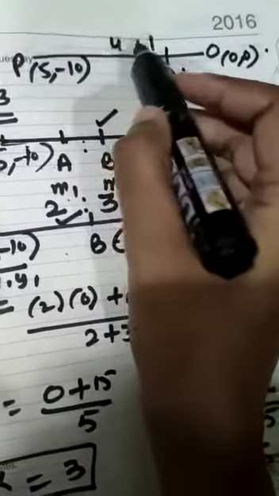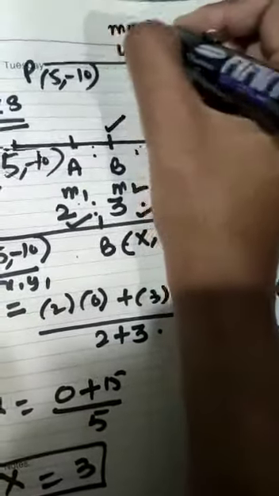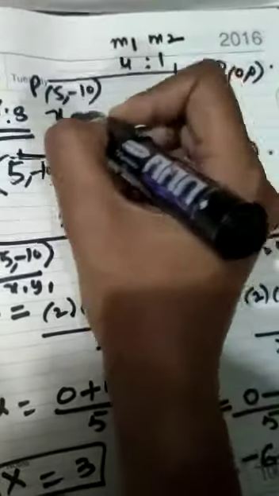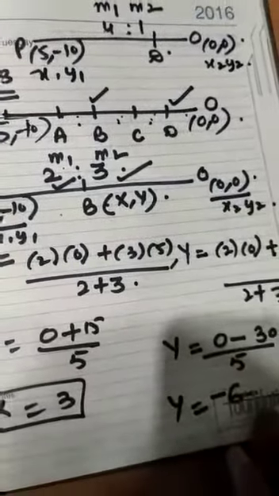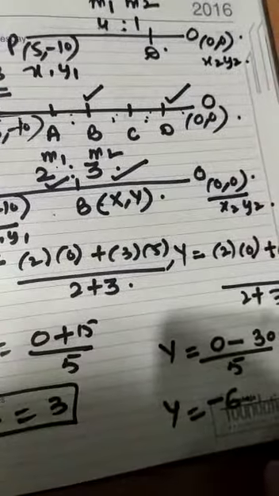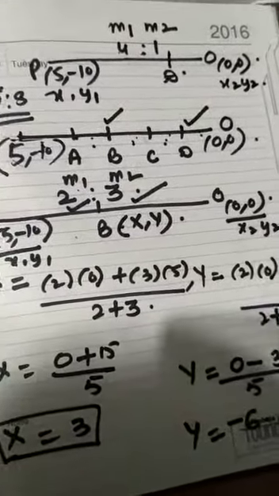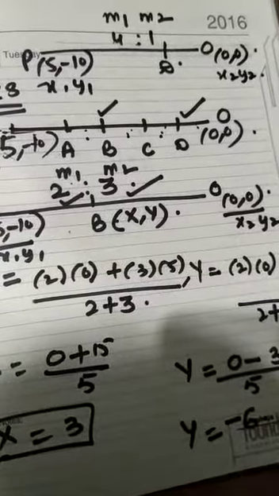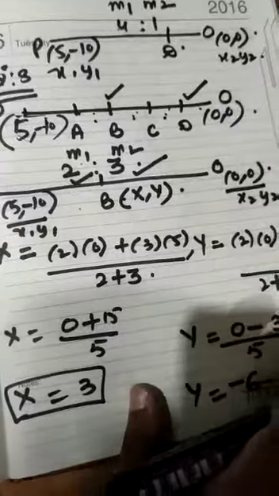So the ratio is 4:1. Again m1, m2, x1, y1, x2, y2. So you can find the values of X and Y by applying the section formula. So the questions are very easy. You can solve them by this method.